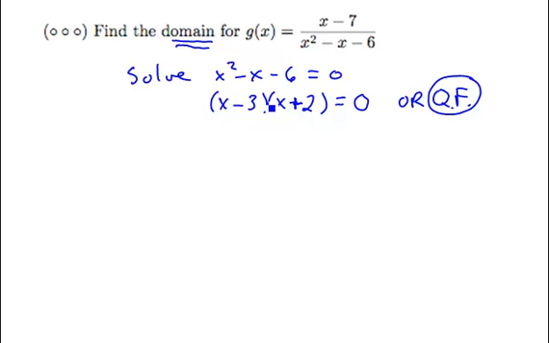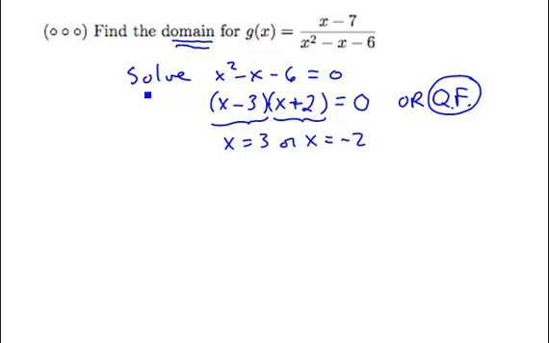Now that this is written as a product, we can break this product into two problems. Where is x minus 3 equal to 0, and where is x plus 2 equal to 0? This will happen when x is 3 or x equals negative 2. All right. Now again, we don't want to circle this and imply that this is the answer to our problem.